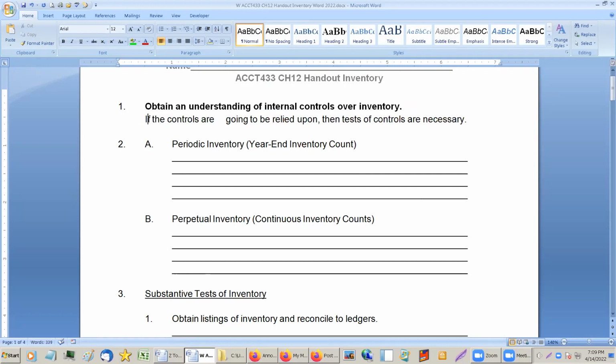So obtain an understanding of the internal controls over inventory.